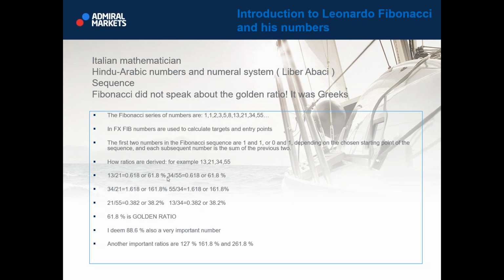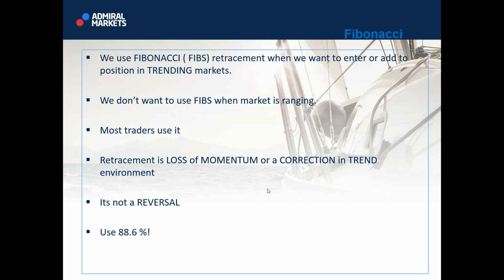So ratios are usually derived from those numbers. 61.8 is the golden ratio, but I personally deem that 88.6 is a very, very important number in the Forex market. Other important ratios are 127, 161.8 and 261.8.